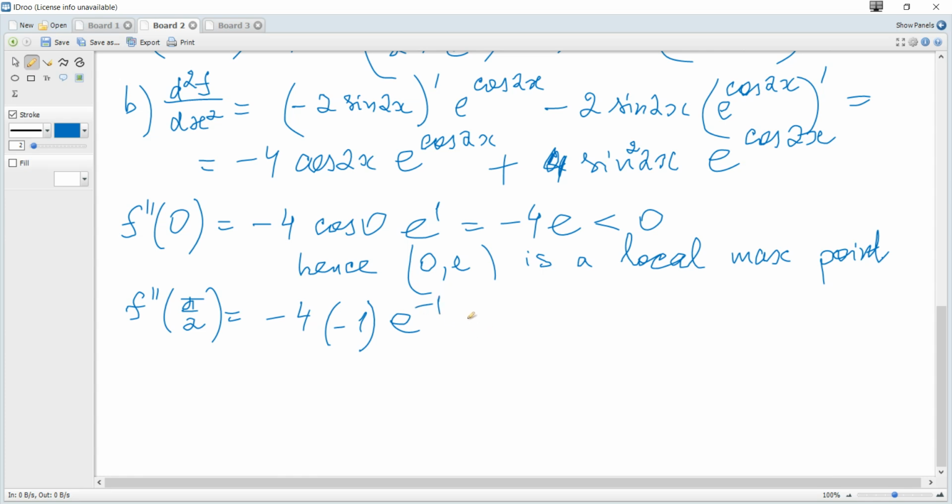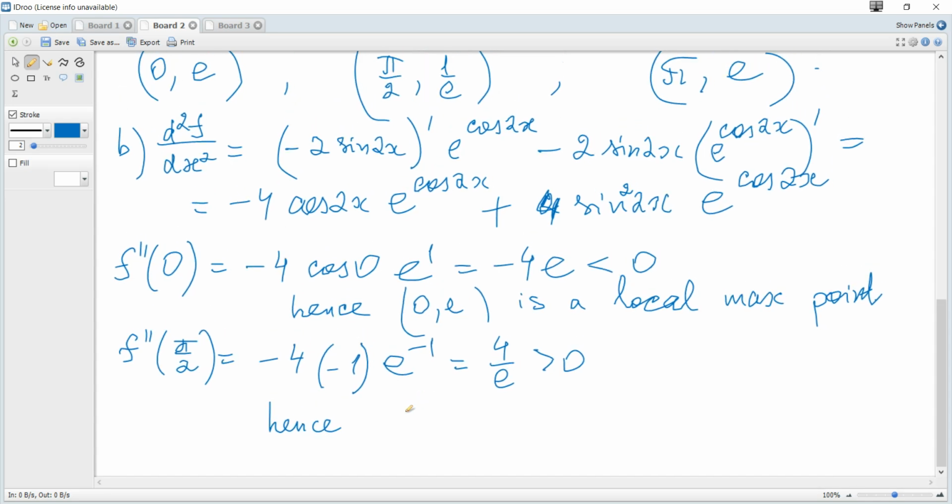Also -1, and it becomes 4 over e, and it's what? It's positive, hence our point (pi over 2, 1 over e) is a local minimum.